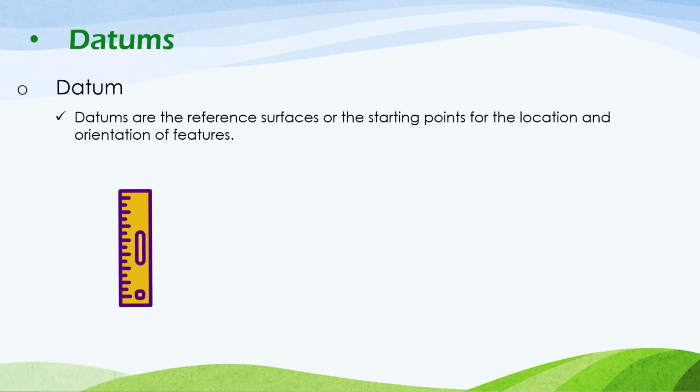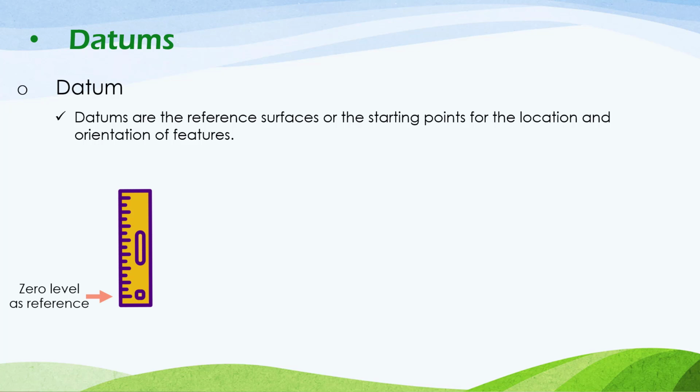So it has the same idea of the ruler zero level. As for the ruler, if we need to measure any length, we set it from the zero level of the ruler. So for the ruler, we consider this zero level to be the standard point that all of the other points are measured with respect to.